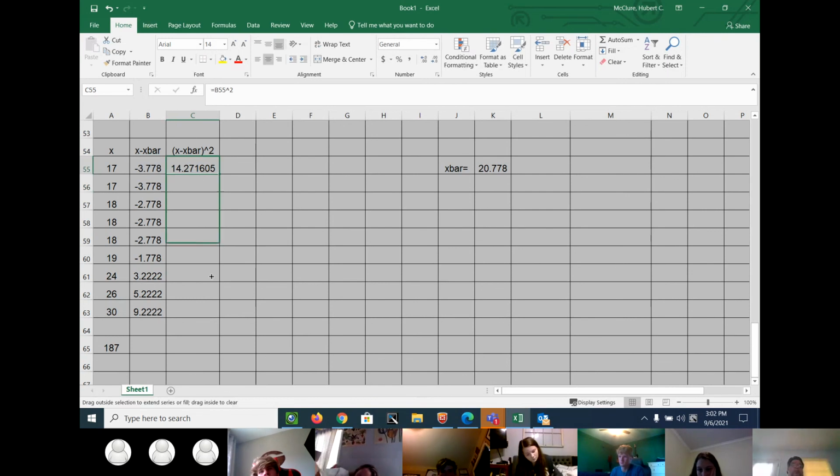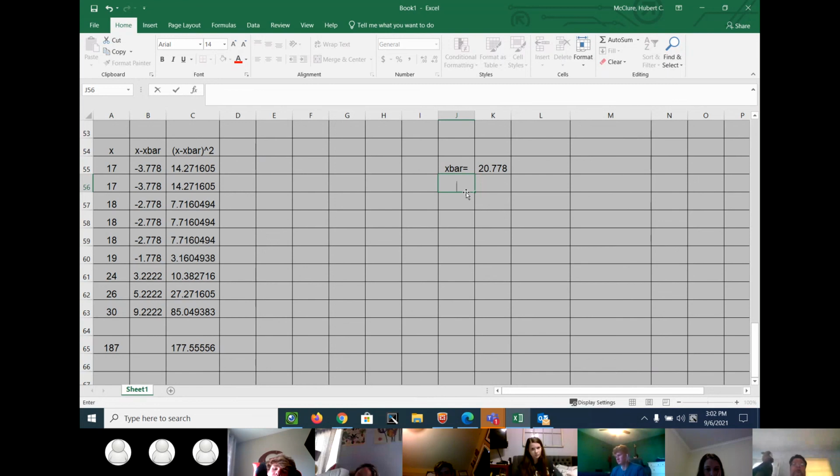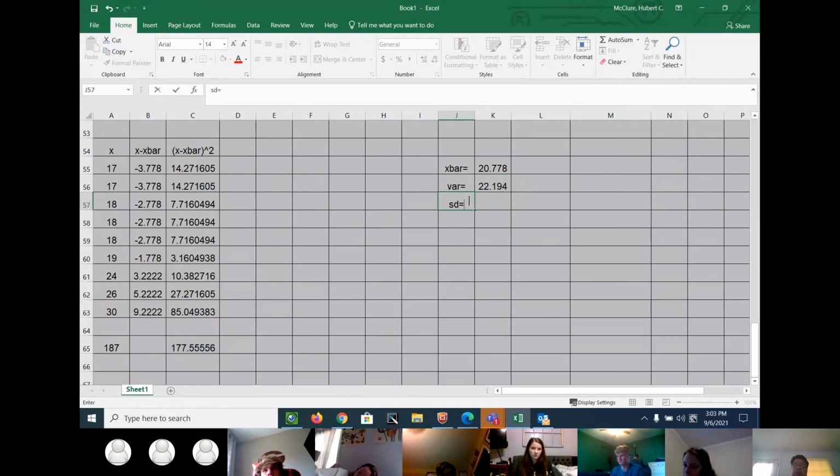Copy that down. Add that up. And the variance is equal to that number divided by 8. And then the standard deviation is equal to that number raised to the 0.5 power.